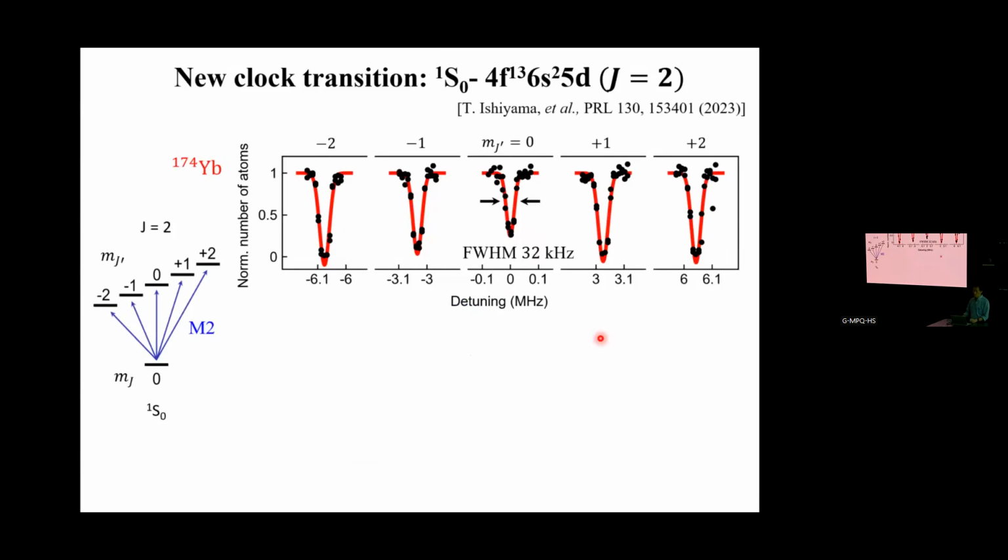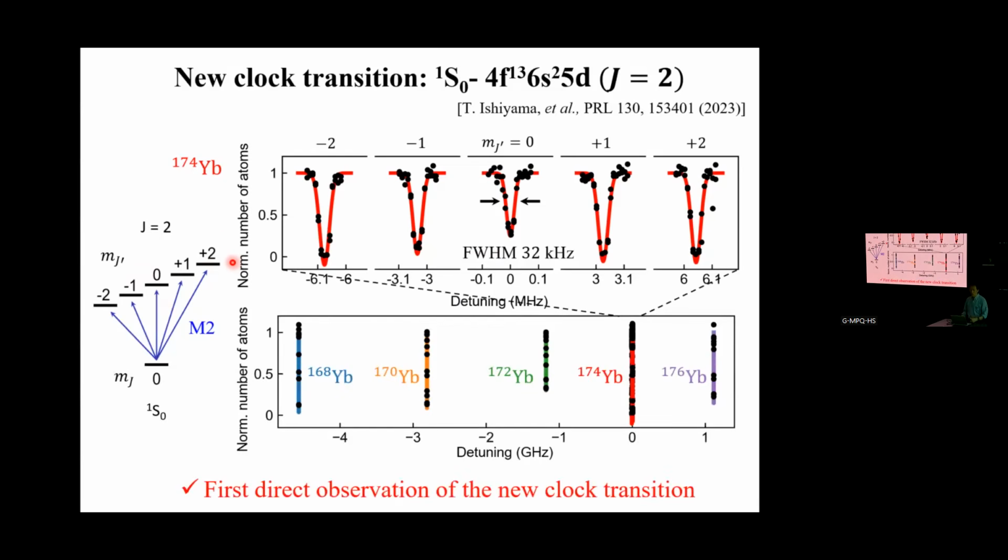This is a typical spectrum we obtained. In the case of 124, there are 5 magnetic sublevels like this, and we observed all of these resonances corresponding to the 5 magnetic sublevels. For other isotopes, we also observed similar spectra like this.